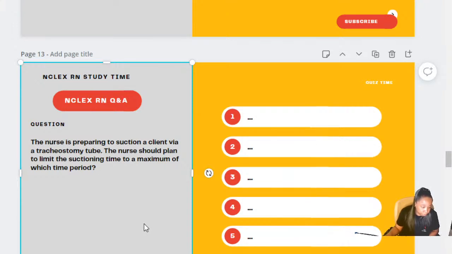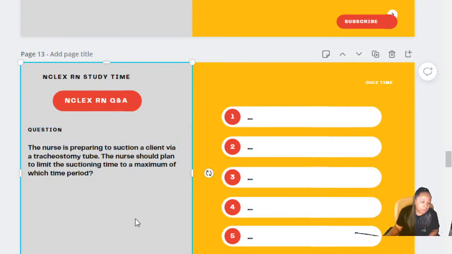The nurse should plan to limit the suction time to a maximum of which time period? Okay, here is about suctioning. When you're suctioning the patient, how long should you suction the patient for? When the tube is down, how long should you stay down?